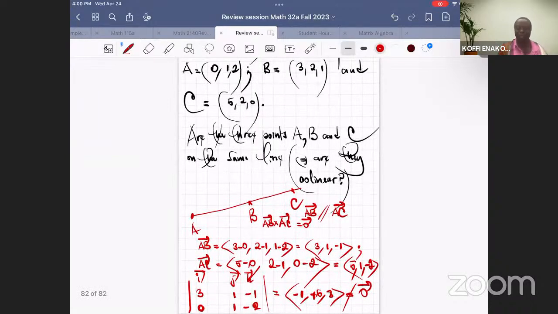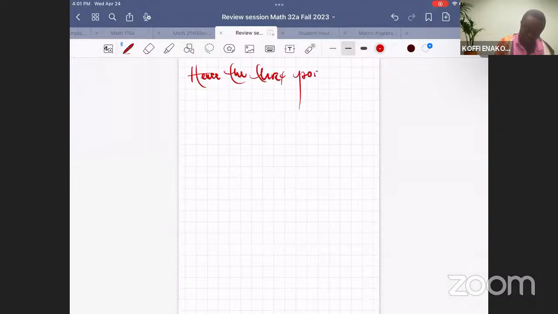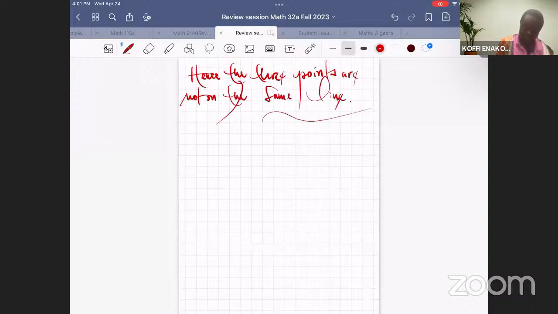So these 3 points are not collinear. They're not on the same line. Hence, the 3 points are not on the same line.